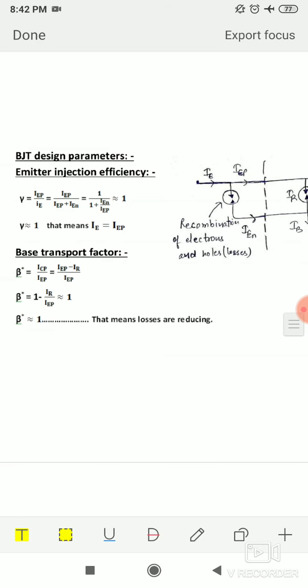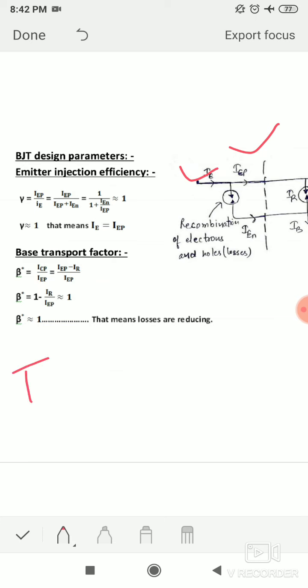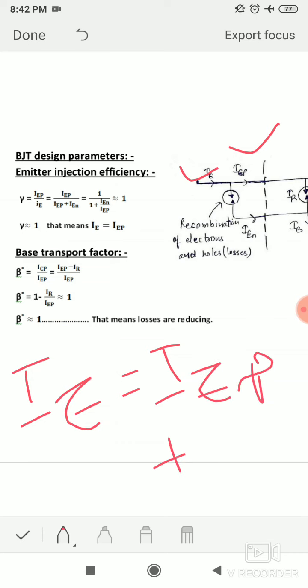In this slide, the emitter injection efficiency means, we should know that efficiency means output by input. Output is your IEP, input is your IE, so the efficiency is IEP by IE, and we know that IE equals IEP plus IEN.